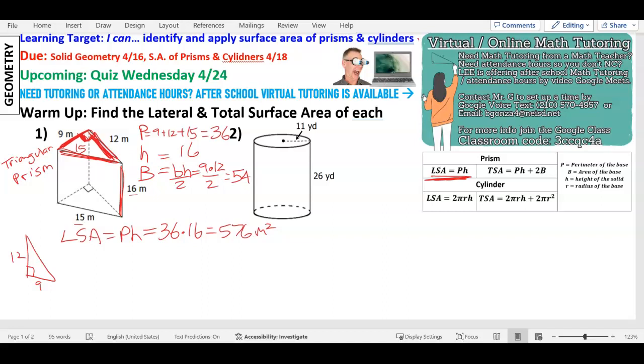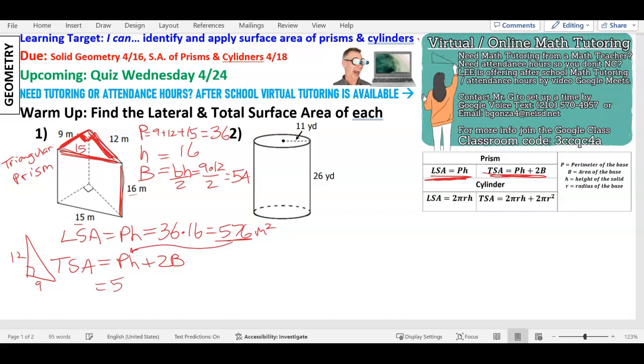Now check it out. TSA, the total surface area, is PH plus 2 big B, okay? Now, see how both of these have PH in it? Don't I already know that PH is 576 from the first equation?